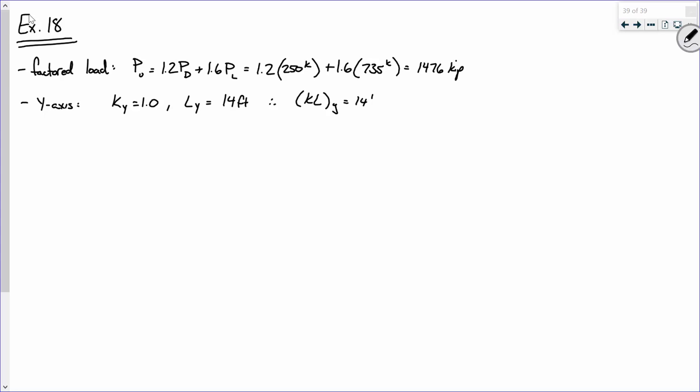So let's go to Table 4.1, and let's start picking some column shapes. Let's start with W14s. What is the lightest W14 shape that you can find?